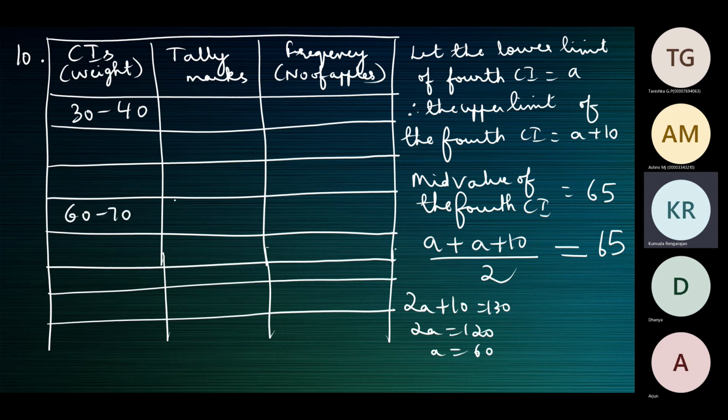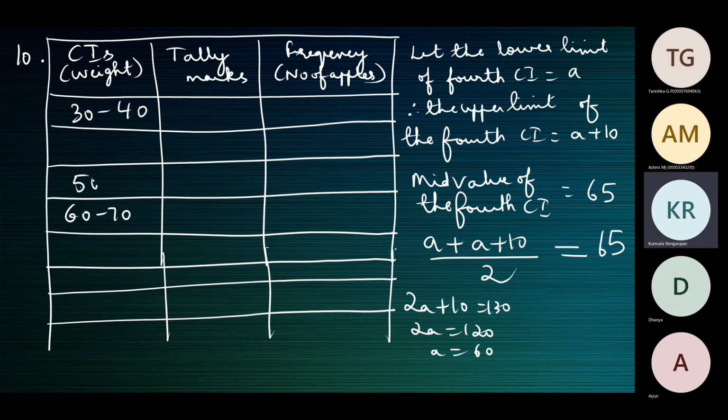And you would have found the class mark. You would have found the range, the lower limit and the upper limit. So using that, you should identify from which class interval to start, and where to end. Now, since this is the fourth class interval, you will have 3, 2, and 1. So this is 60 to 70.